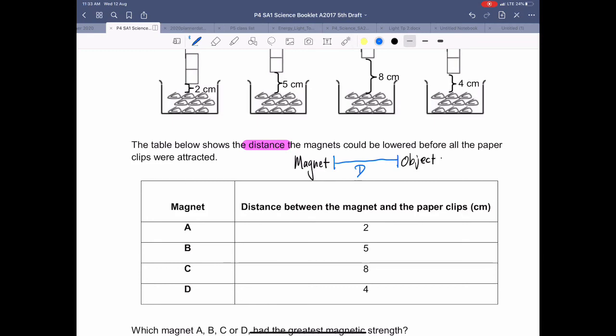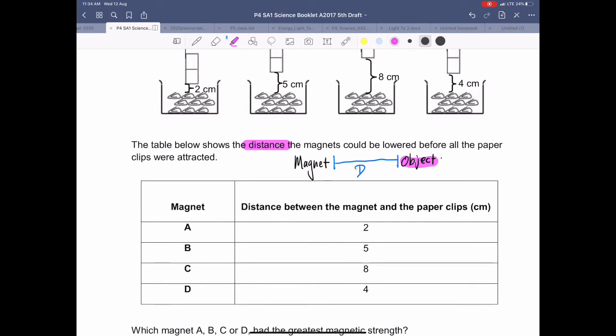The smaller the distance, the weaker the magnet. That means the smaller the distance is between magnet and magnetic object before the object gets attracted to the magnet, the weaker the magnet, because a stronger magnet is able to attract an object at a further distance away.